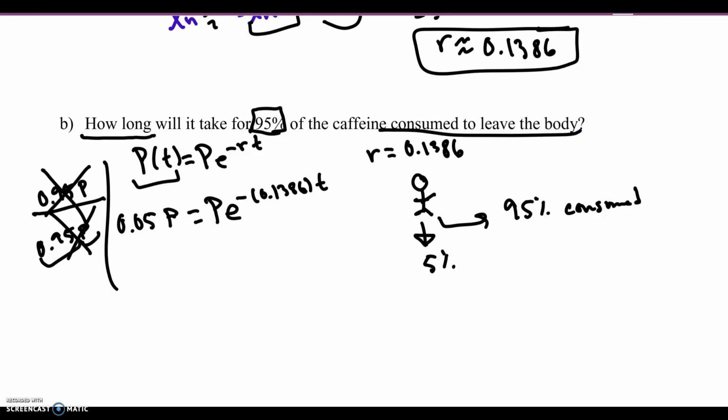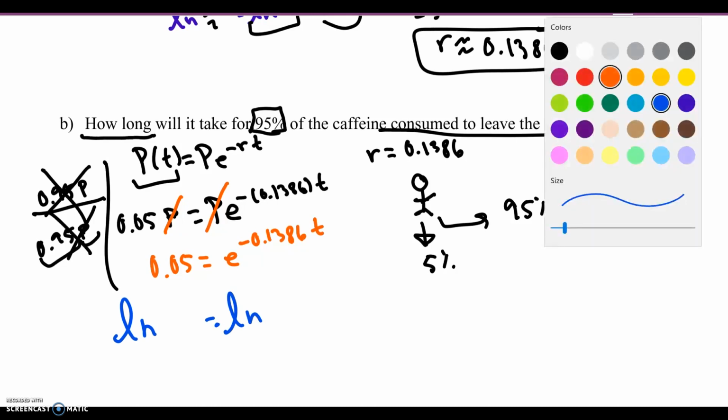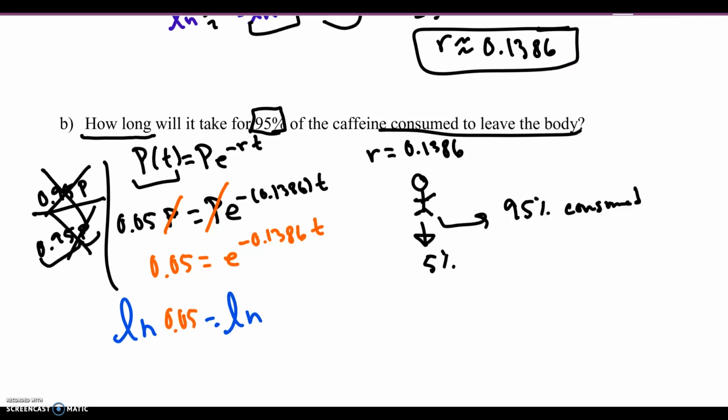Now the P's are going to go away. I'm left with 0.05 is equal to e to the negative 0.1386 times t. Now let's bring that thing from the sky to the bottom. Let's take natural log to both sides. I'm left with ln of 0.05 and e to the negative 0.1386 to the t. This goes to the front, and ln of e turns into a 1.